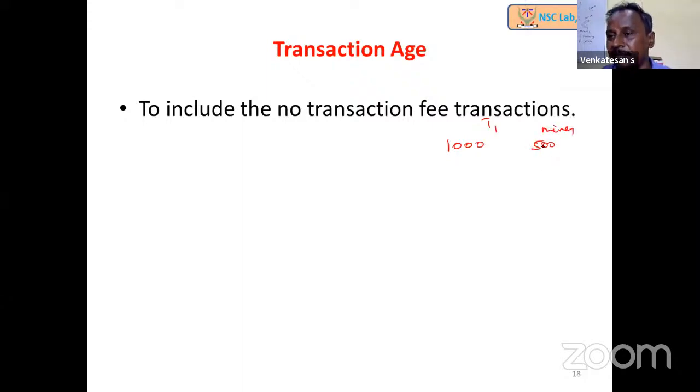And definitely the miner will pick the top transaction-fee transactions, and 500 are taken, the remaining 500 will be there. In the next round, the same miner or another miner may also take any of the remaining 500, even one without a transaction fee, for commit.